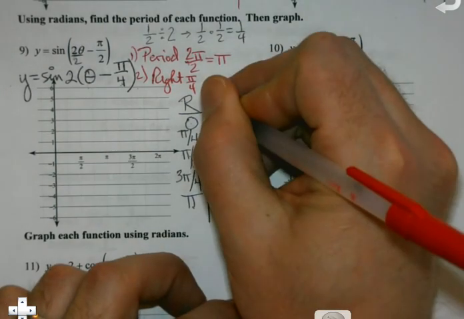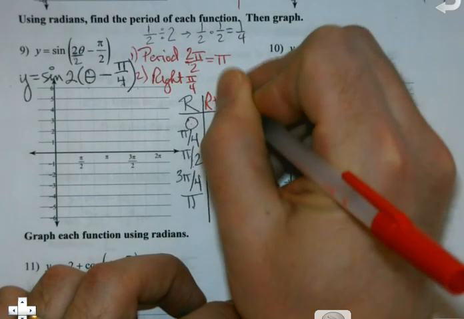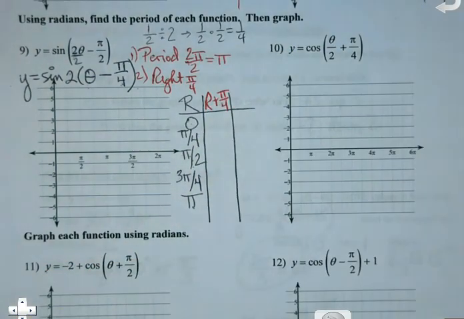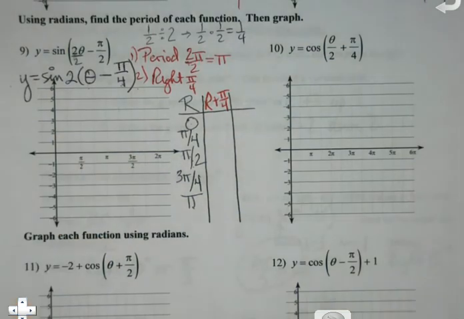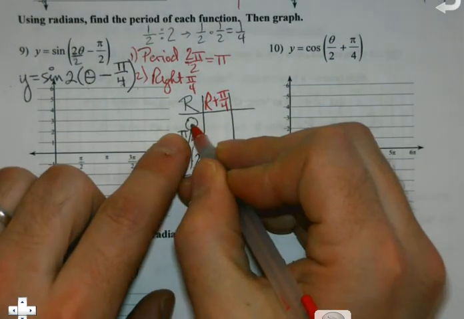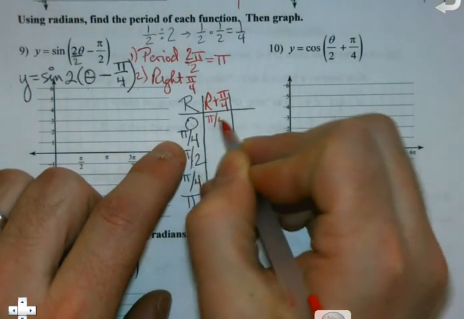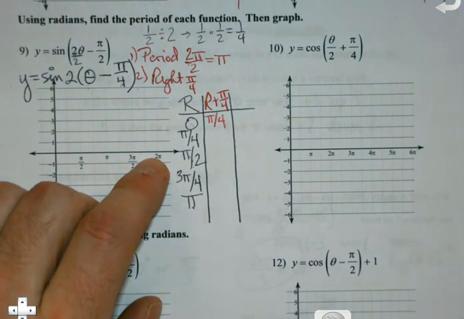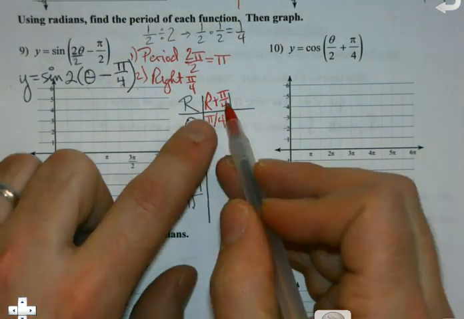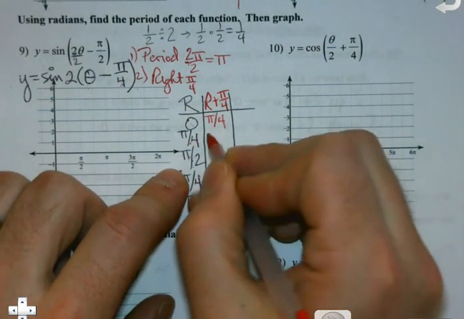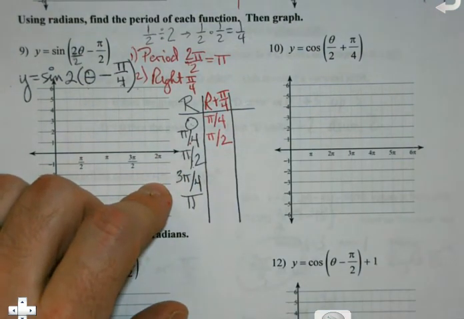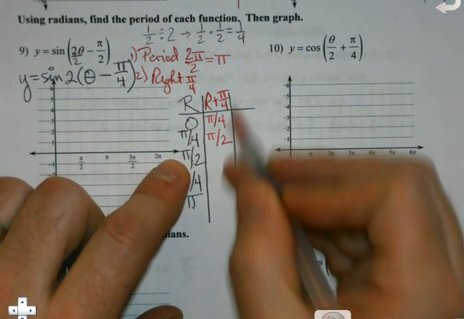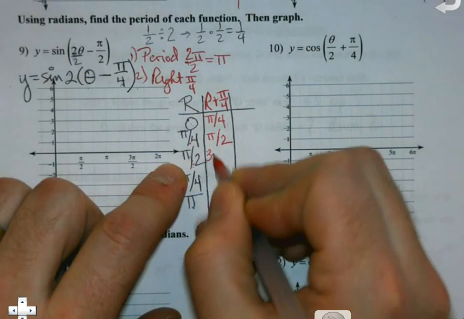So we're shifting right, so we're going to go plus pi over 4. So basically I'm adding 1/4 to all of the fractions. So add 1/4 to 0, I get 1/4, or pi over 4. 1/4 plus 1/4 is 1/2. 1/2 plus 1/4 is 3/4.